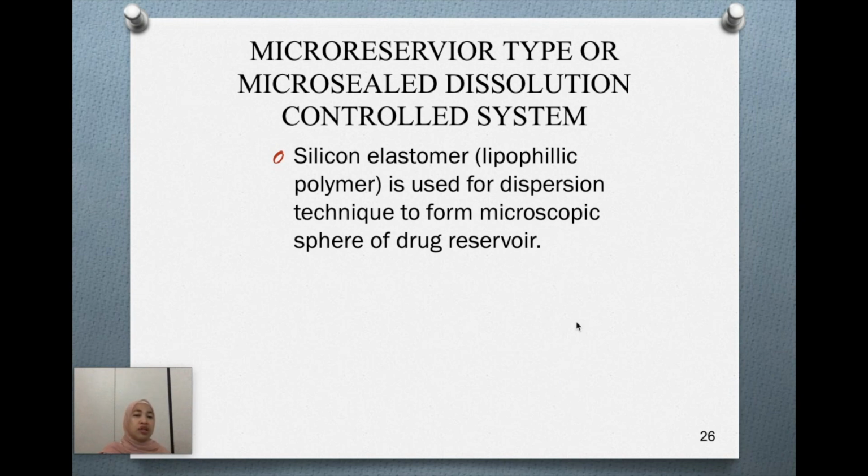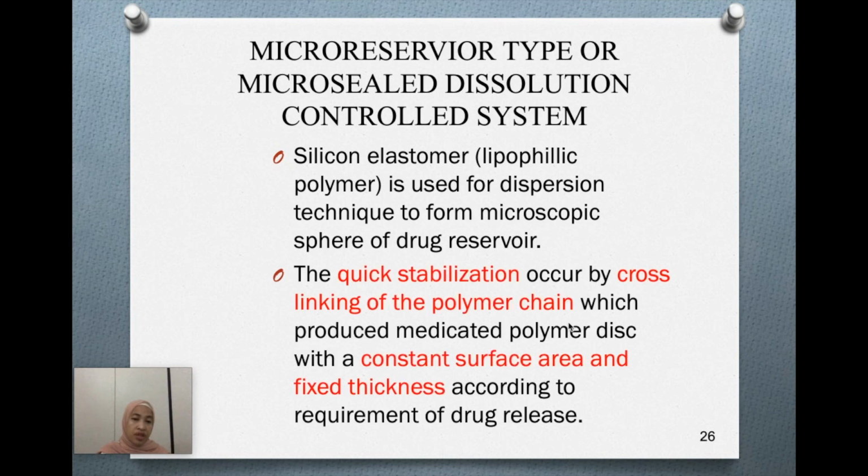So we use silicone elastomer for dispersion technique to form the microscopic sphere of drug reservoir. So if you want to stabilize it quickly, you cross-link the polymer chain with the medicated polymer disc to get a constant surface area and fixed thickness. So it depends on how fast you want to release the drug. So you change the thickness of this layer.